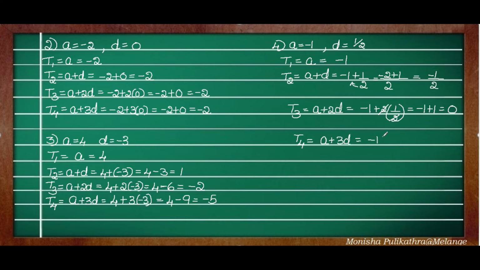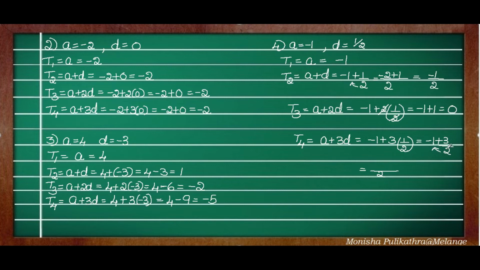So A is minus 1 plus 3 into D is 1 by 2. So what will it become? Minus 1 plus 3 into 1, which is 3, so 3 divided by 2. Again we need to take LCM. Here LCM will be 2.